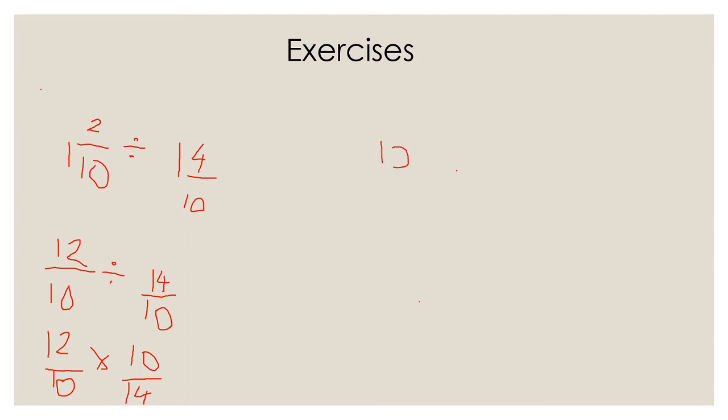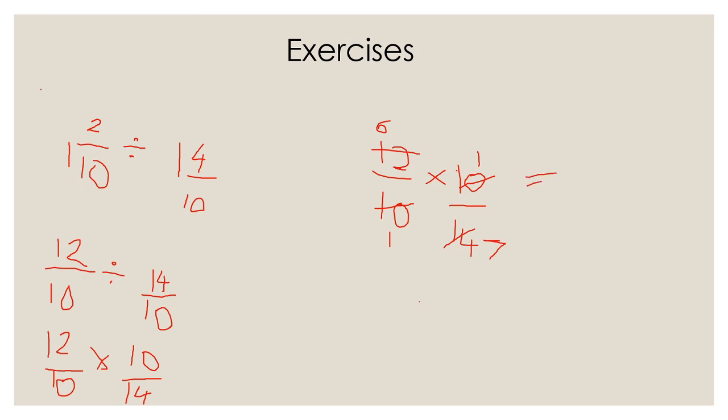I will solve it here. So it is 12 upon 10 multiplied by 10 upon 14. First I'll reduce them. Here 10 ones are 10 and here 10 ones are 10, and they both cancel. Then 2 sixes are 12 and 2 sevens are 14.